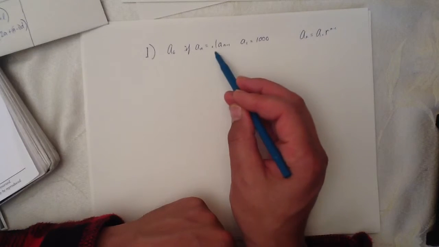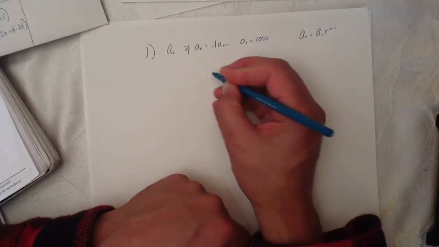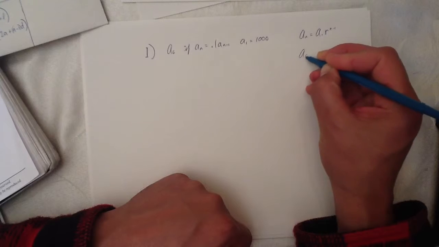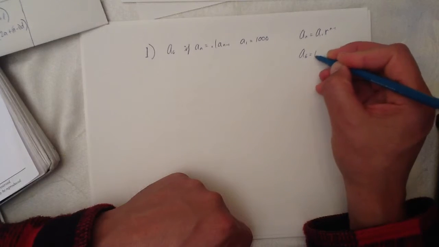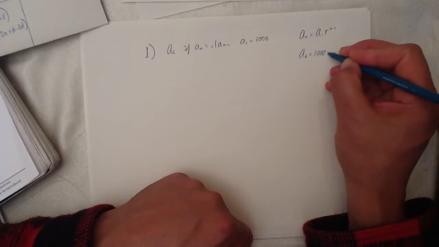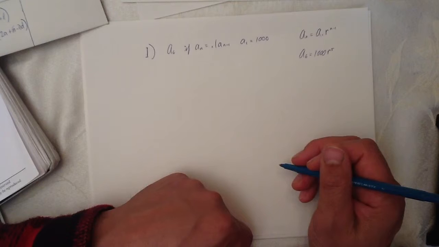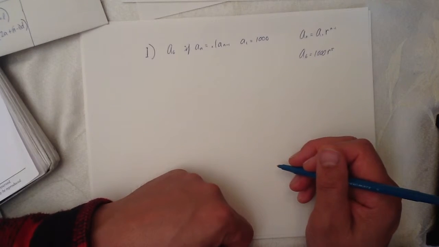That's interesting. I have to find A6. Let's see if I can plug it in here. A6 equals 1000 times R to the 5th. But I don't know what R is. So far, so bad.